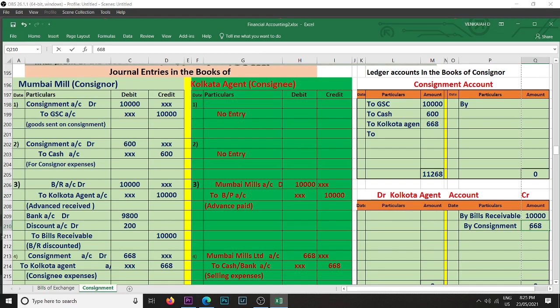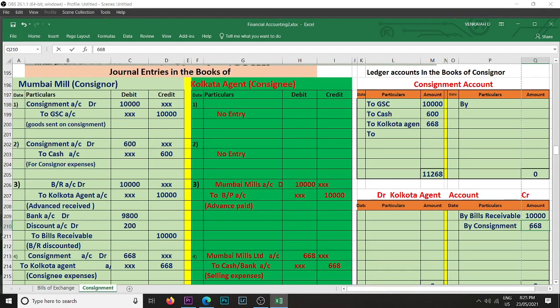Number one is advance to bills payable. To cash account, consignee expenses, 668.